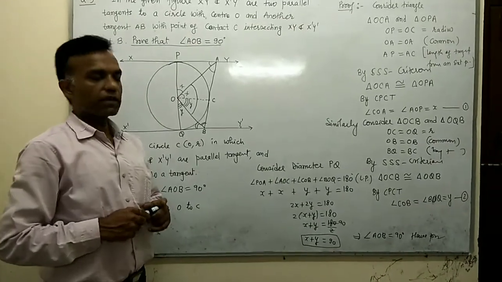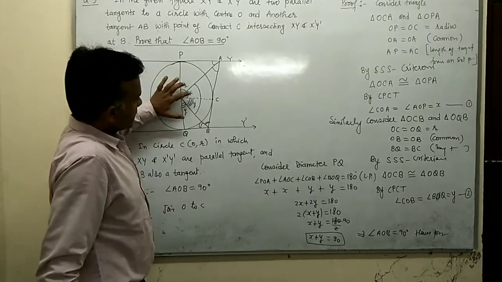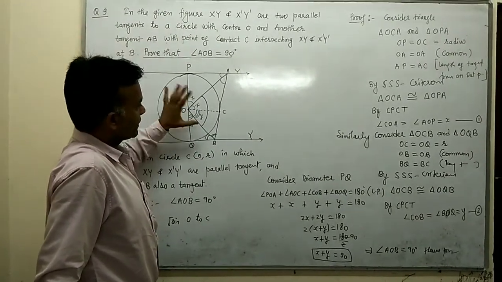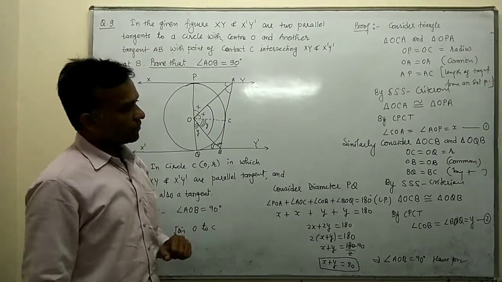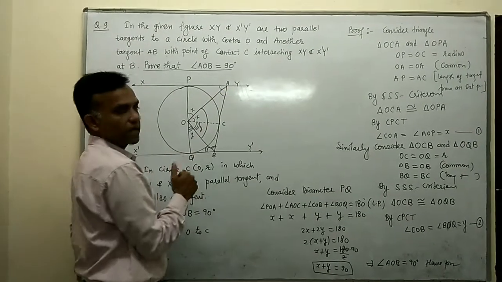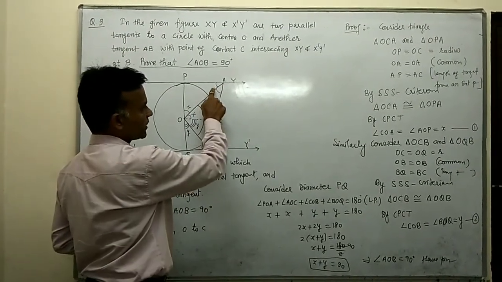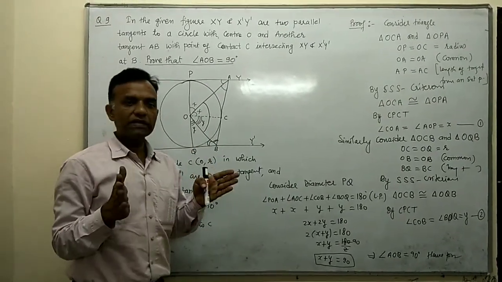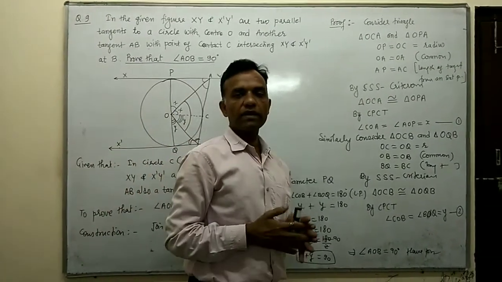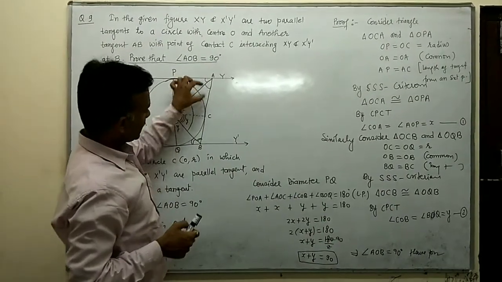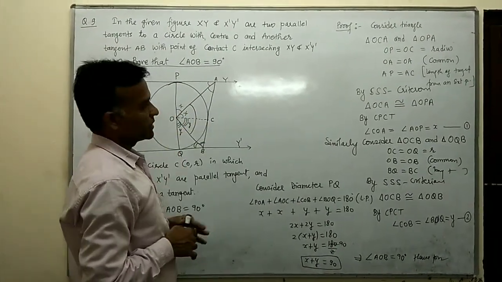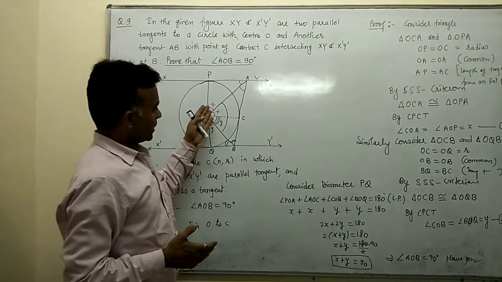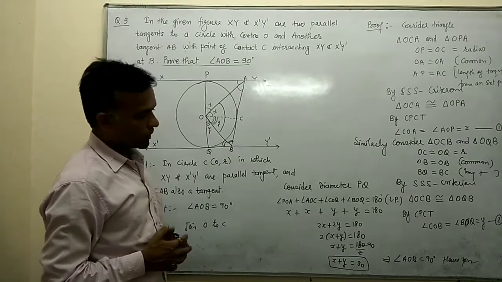We use the concept of linear pair, in which we use x plus x and y plus y, and PQ is a diameter, and we consider the linear pair. Another way is to consider the transversal line, where the angles are denoted by A and B, and between two parallel lines the interior angle sum is 180 degrees. Again we do the same and use another property, and you get the same result. So these are different ways to find the measurement of angle AOB as 90 degrees.